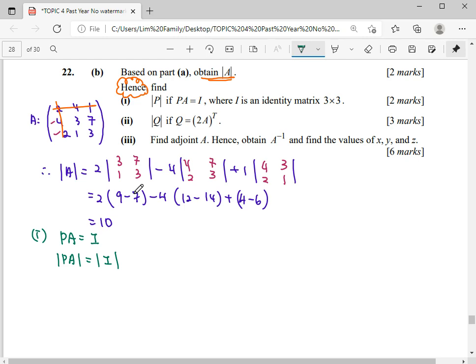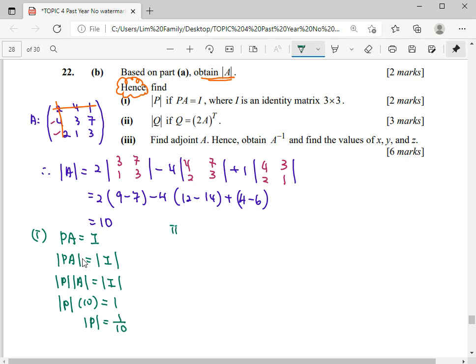In the properties of determinant, the determinant of PA will also equal to the determinant of P times the determinant of A. So the determinant of identity, we have to find out what is our determinant of P, where determinant of A we already found, which is 10, and the determinant of identity is 1. So the determinant of P will equal to 1 over 10.